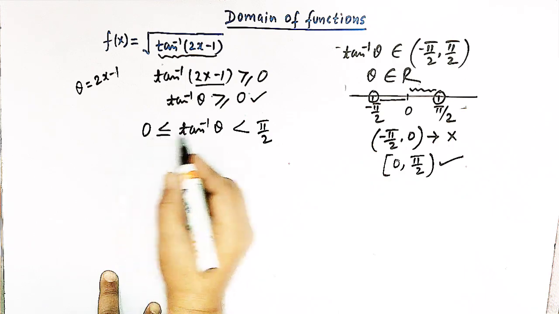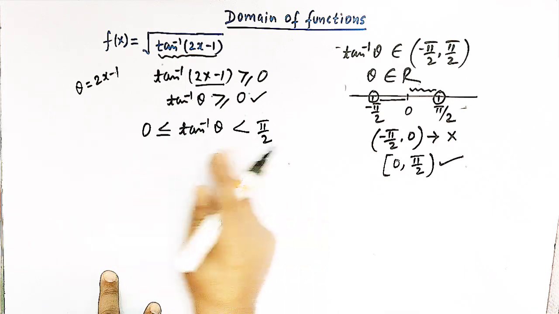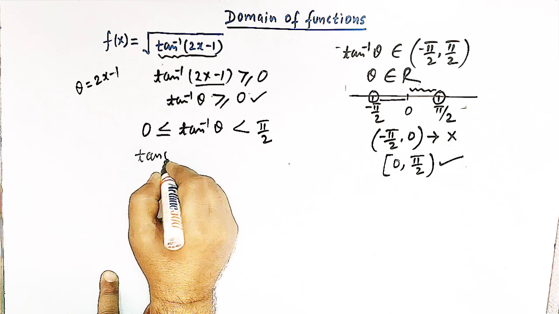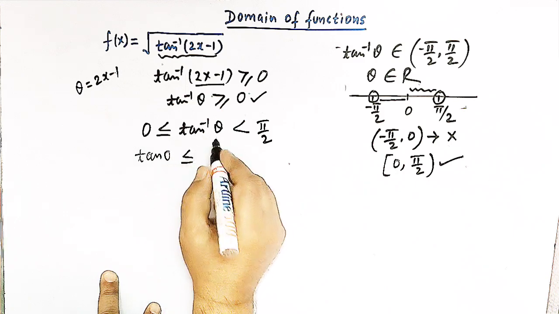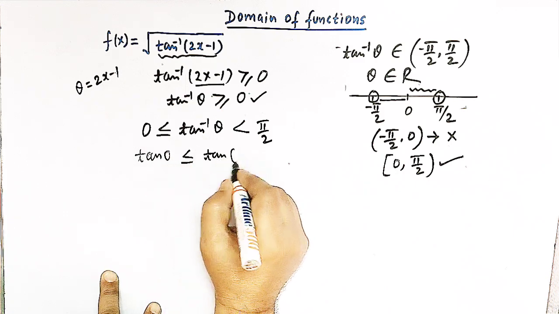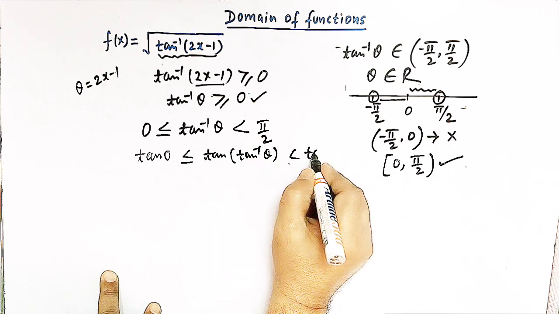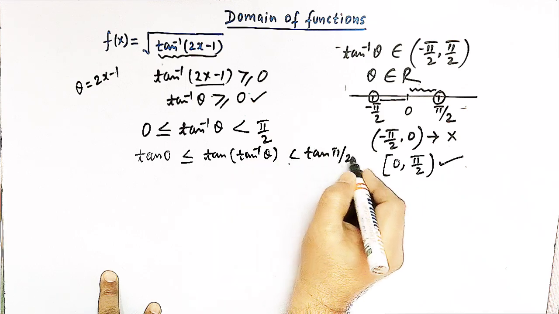Let us take the tan function of these three quantities: tan 0, tan of tan inverse theta, and tan pi by 2.